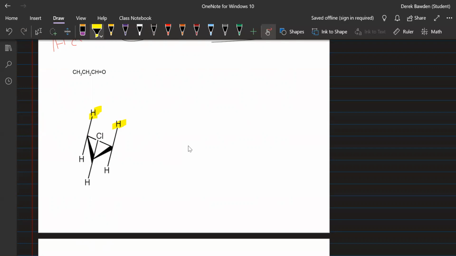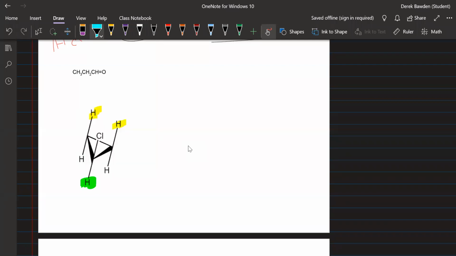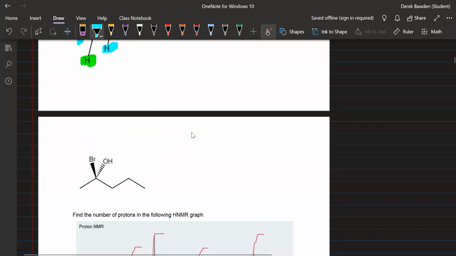Now we're going to look at the next type of hydrogen, the one attached to the chlorine. There's no other hydrogen like that one. That one is very unique because it's so close to the chlorine. And then the last two here are both the same as well because both of them are facing away from the chlorine and equally far away from the chlorine. So those are the same hydrogens. I just wanted to talk about the differences there.